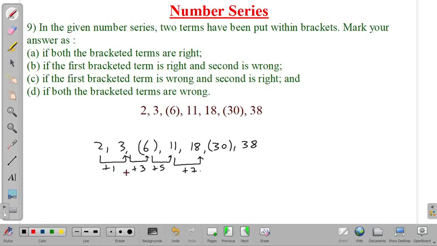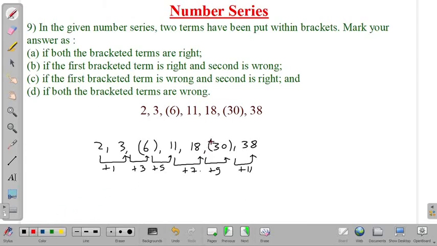So we can see it is plus 1, plus 3, plus 5, plus 7, and what would have been here, plus 9, then it should be plus 11, right? So if we add 9 to 18, we should get 27.